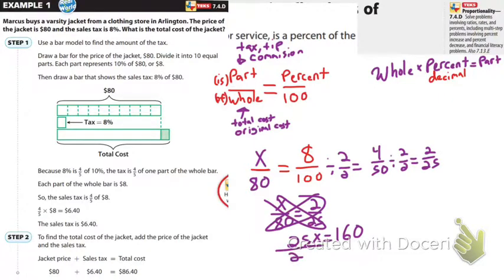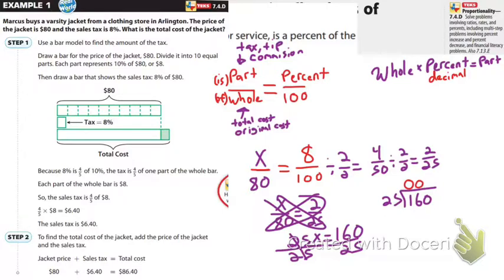Now we divide 25 from both sides. Those cancel out. Now we divide 160 divided by 25. 160 goes inside my division house, 25 goes outside. Can 25 go into 1? Nope, it goes in 0 times. Can 25 go into 16?